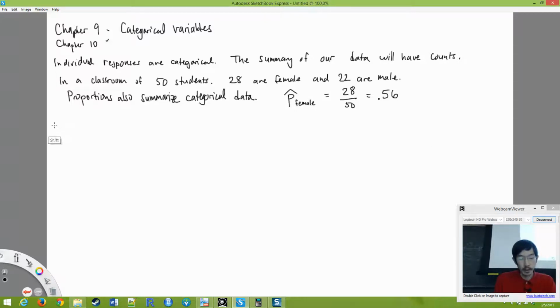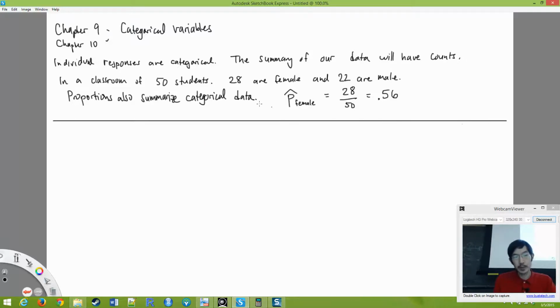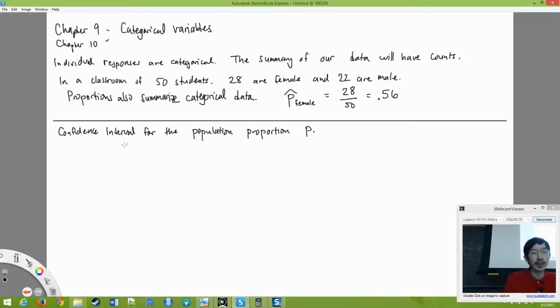So our first bit of inference using categorical variables will be to create a confidence interval for the population proportion P. Maybe you have a question like, what percentage of RNs, registered nurses, are female?